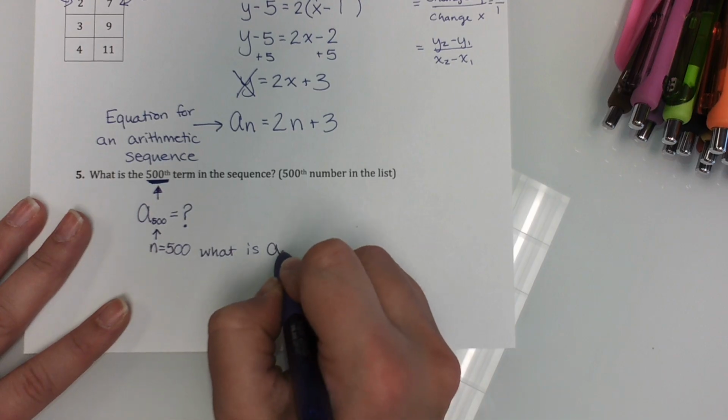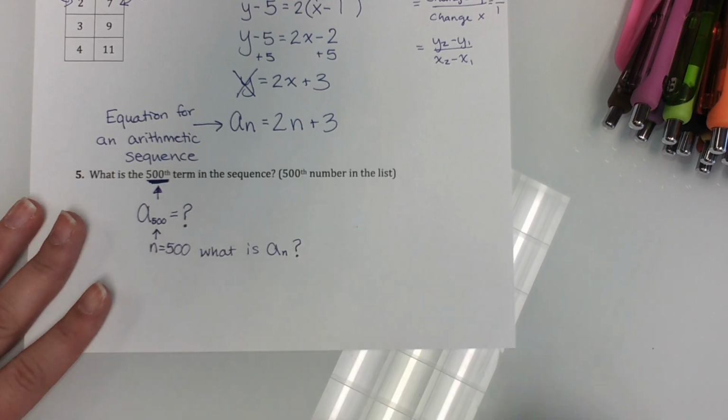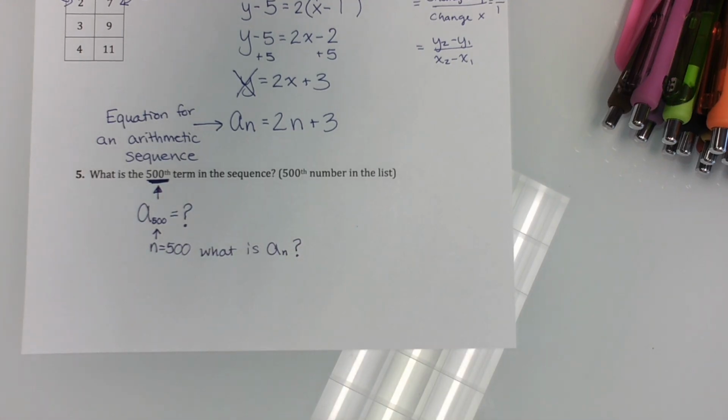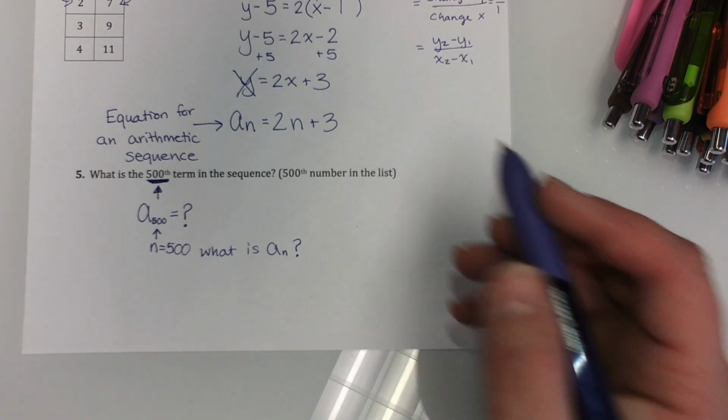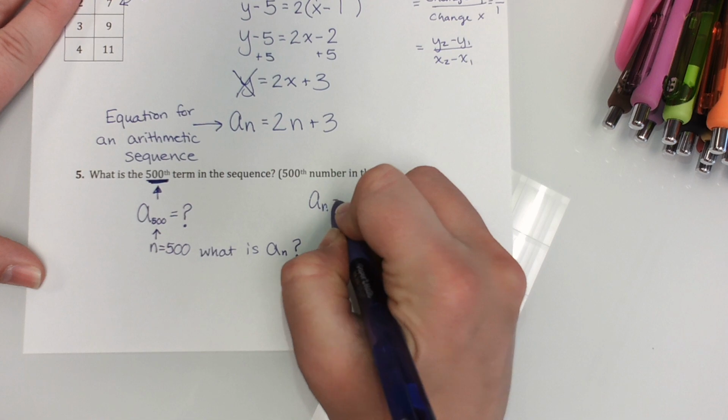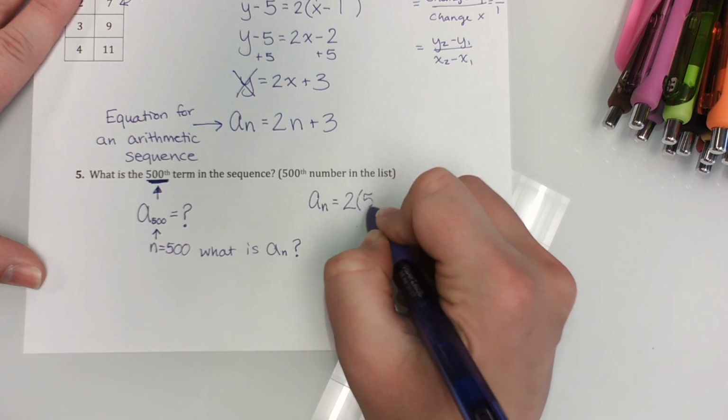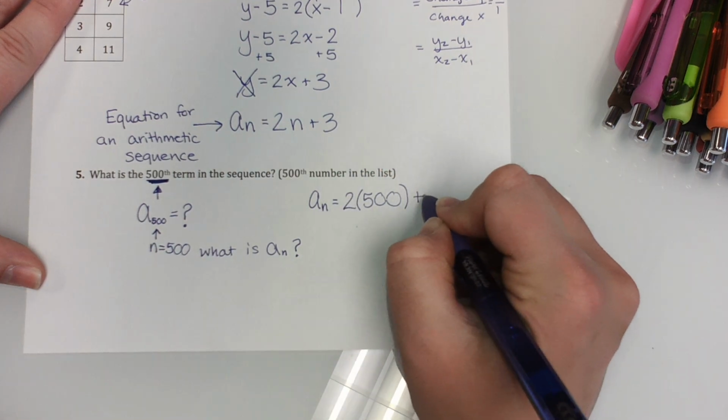What is a sub n at that point? So we're right on the idea of plugging it in, but I'm plugging 500 into n. A sub n equals 2 times 500 plus 3.